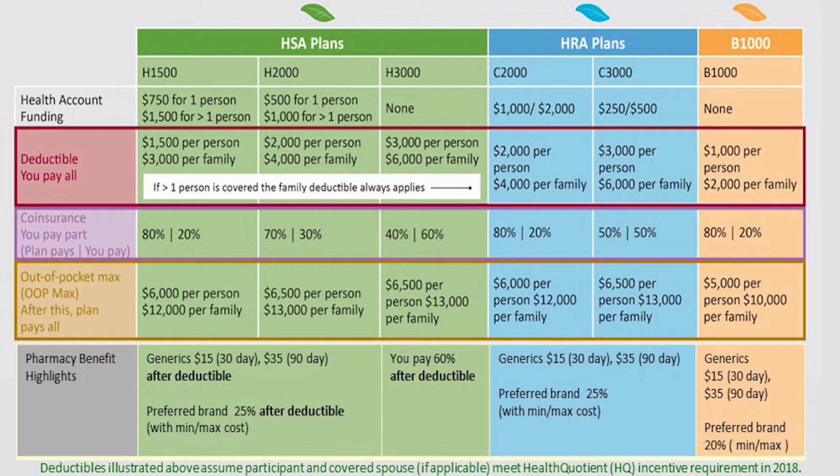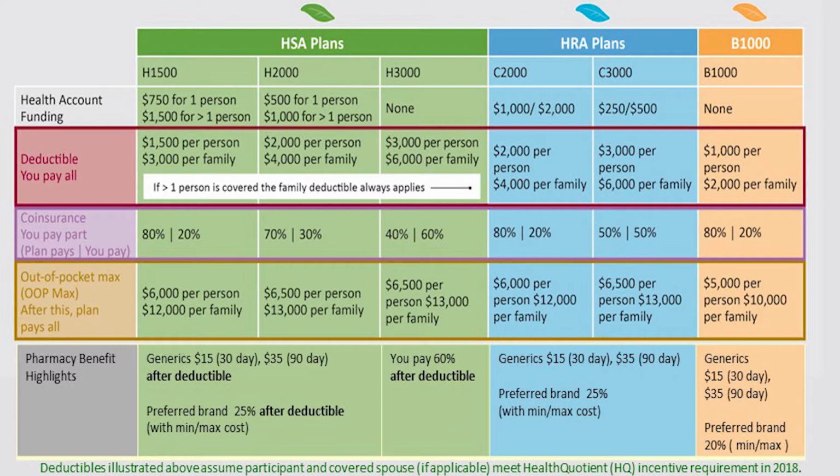But again, if you look at, for example, the C2000, for a single person, the deductible is $2,000. That's a whole other $1,000 more than the B1000. But you get $1,000 in a health reimbursement account. So really, it nets to $1,000. Just a different way to look at that.